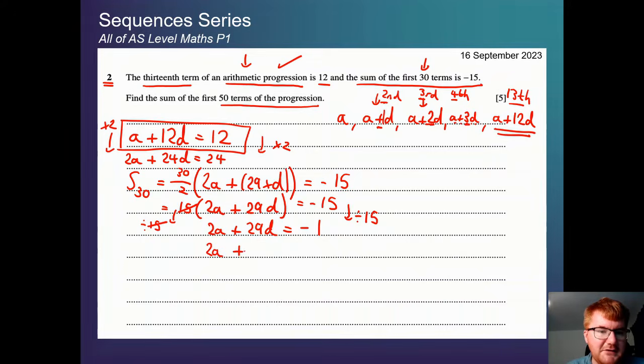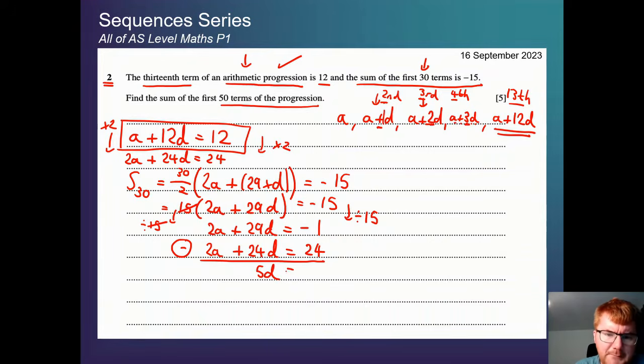Now notice I can use the elimination method directly, which is very, very helpful, rather than trying a substitution approach or something else. So now I can just minus one equation from the other. 2a minus 2a cancels. 29d minus 24d is 5d. Minus 1, careful here, negative numbers.